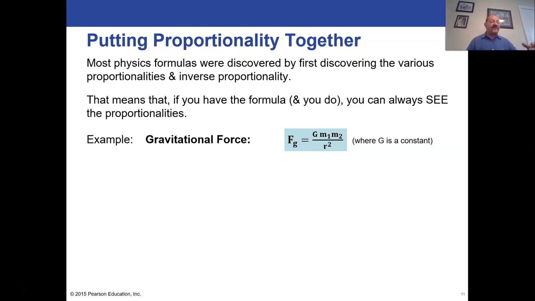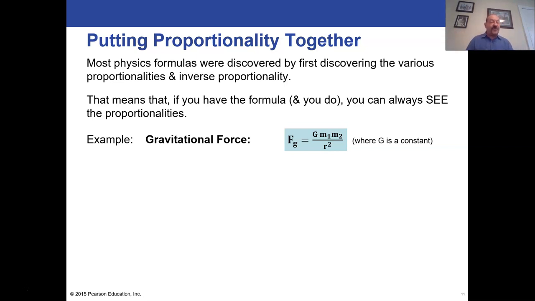So when you say how far you are from the Earth, what you really mean is how far you are from the center of the Earth. And that's how the math works for this. And r in this case is a distance, and we use a lot of different letters for distance, depending on the context. But r refers to the distance between the two bodies.